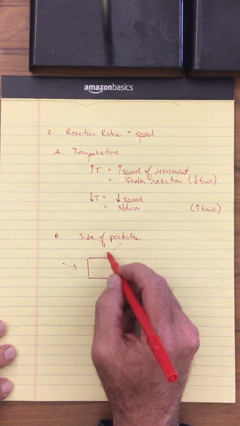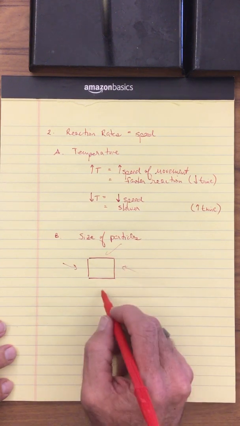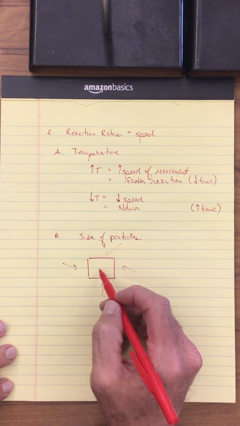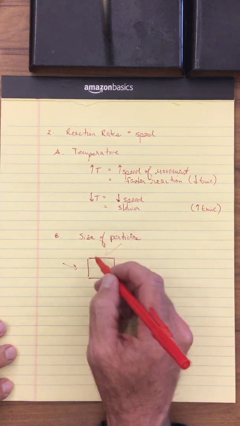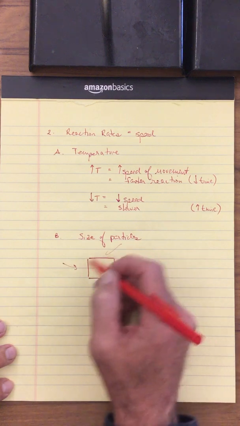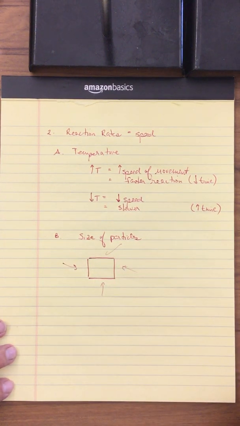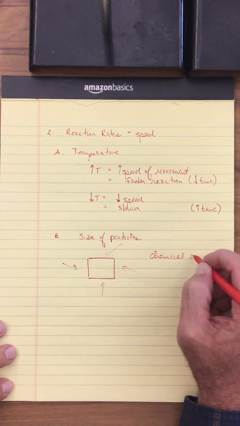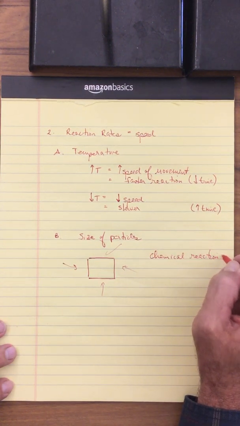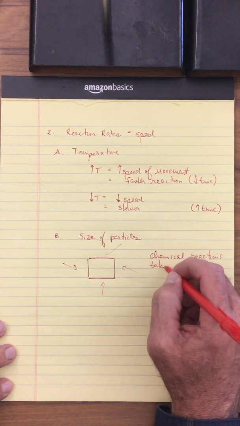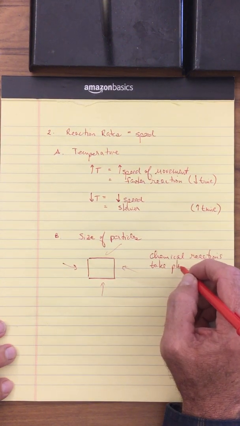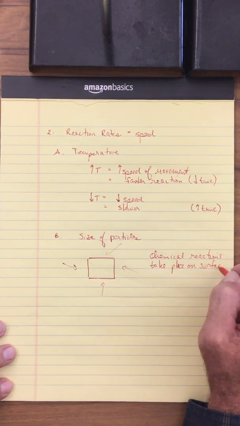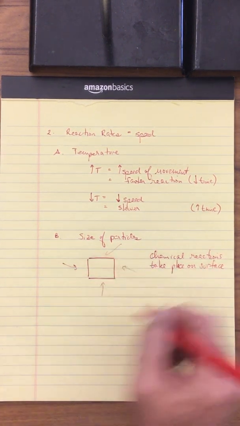The reaction is going to take place on the surface, right here. We can't have reactions taking place on the inside because things are coming from the outside to contact this surface, and that's where the chemical reaction is going to take place. So chemical reactions take place on the surface of this material right here.